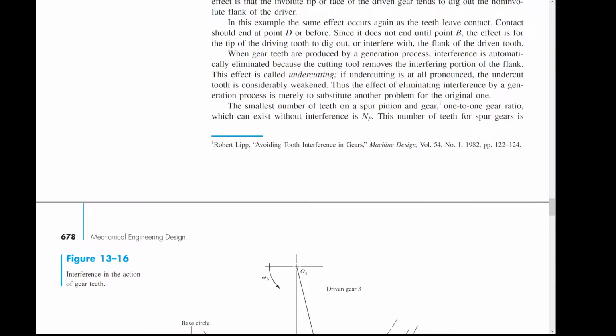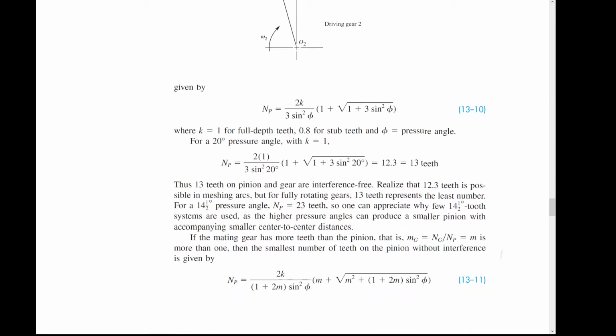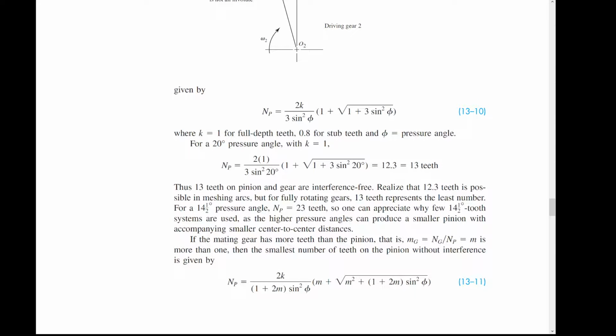The smallest number of teeth on a spur pinion, with a 1-to-1 gear ratio, which can exist without interference, is NP. The number of teeth for spur gears is given by NP equals 2k over 3 sine squared phi times 1 plus root of 1 plus 3 sine squared phi, where k equals 1 for full depth teeth, 0.8 for stub teeth, and phi equals the pressure angle.